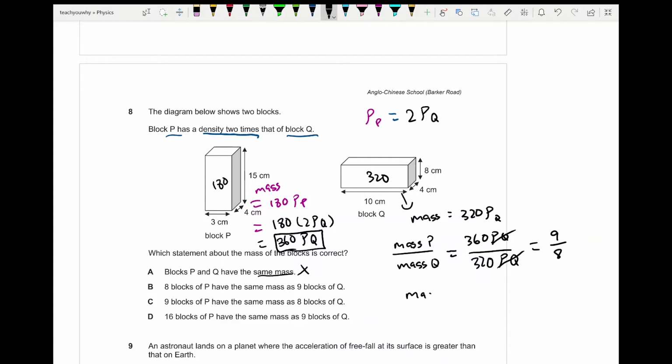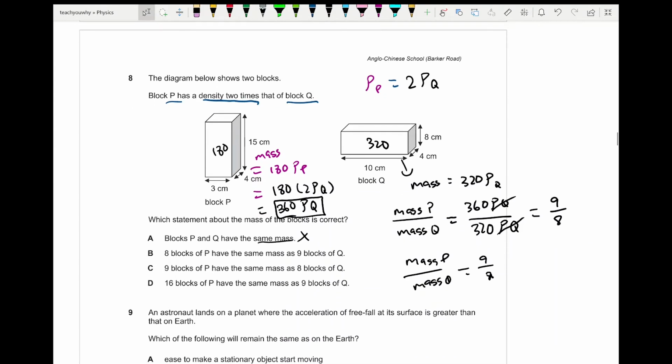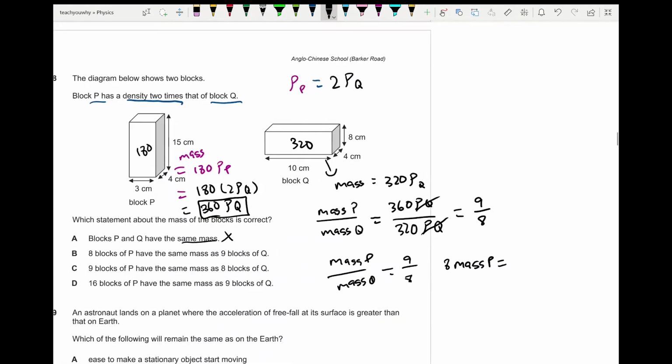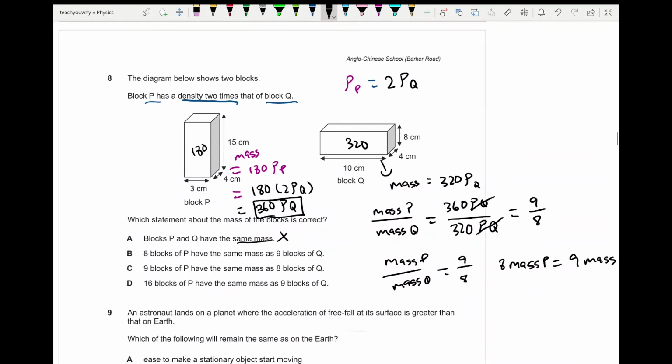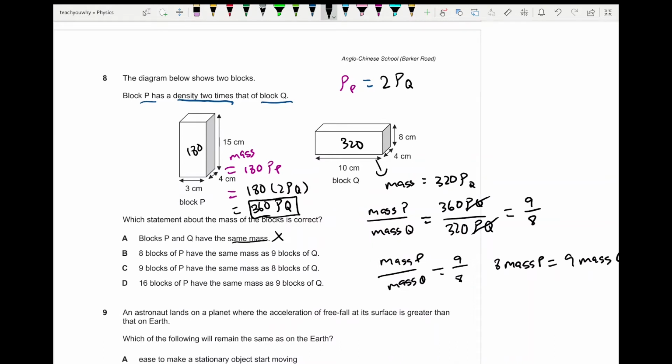So mass of P over mass of Q equals 9 over 8. And then you do some manipulation. Alright. You will get 8 times mass of P is equal to 9 times mass of Q. Therefore, the answer is B.